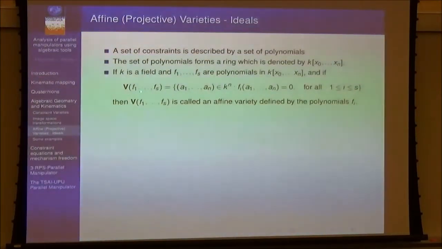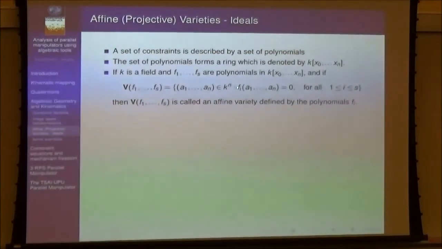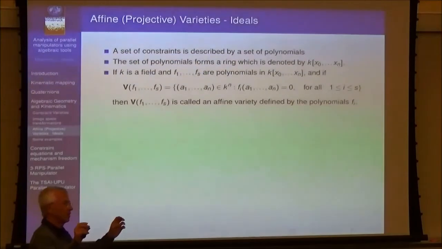This is written in mathematical terms. The variety corresponding to a set of polynomials consists of all points out of the field of coefficients that make all polynomials vanish. So you substitute for the x's the coordinates of those points. So there is a polynomial and the affine variety.